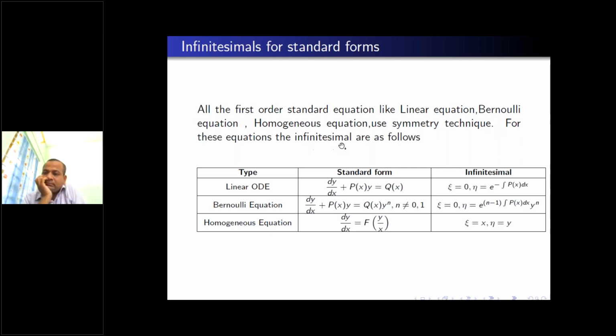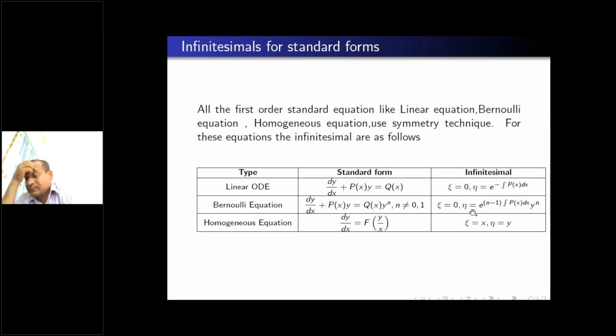For these equations, the infinitesimals are as follows. The types are linear ODE, Bernoulli ODE, and homogeneous ODE, and we know these are the standard forms. It is calculated that the infinitesimals for linear equations are xi is equal to 0, eta is equal to e to the power minus integral of p(x) dx.